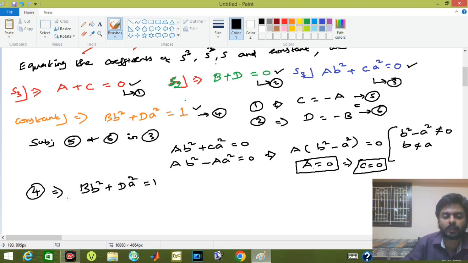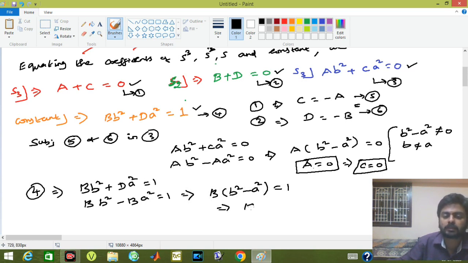That is our fourth equation. On that we can write b², then d can be written as minus b, times a², equal to 1, and it implies b times (b² minus a²) equal to 1.